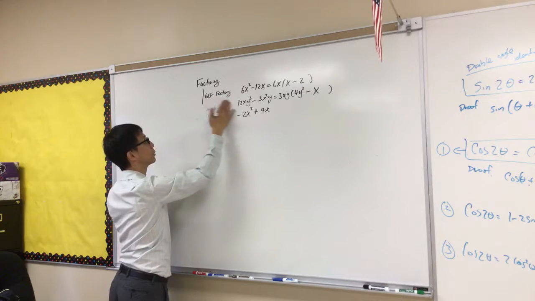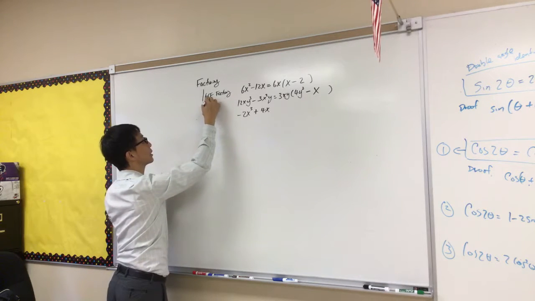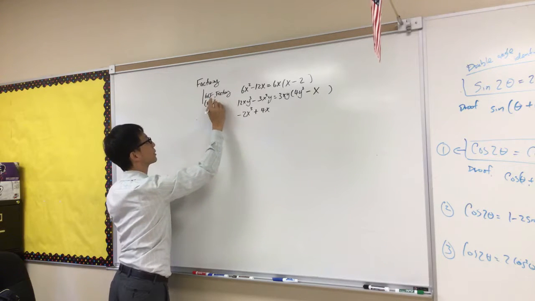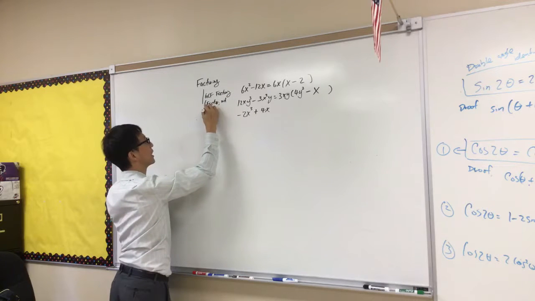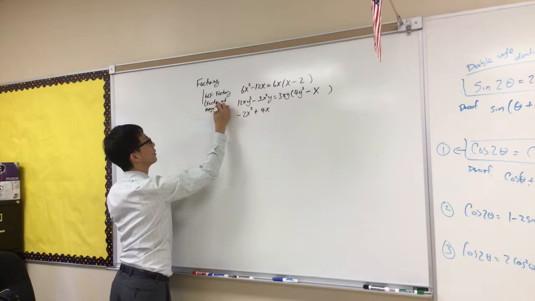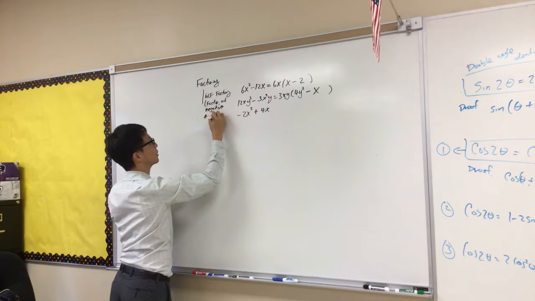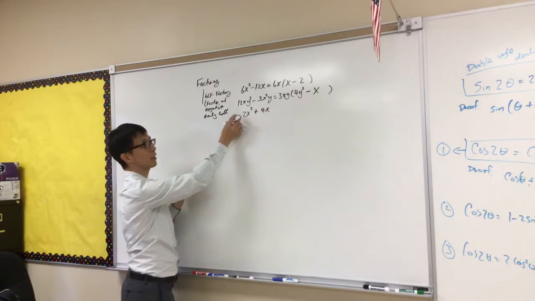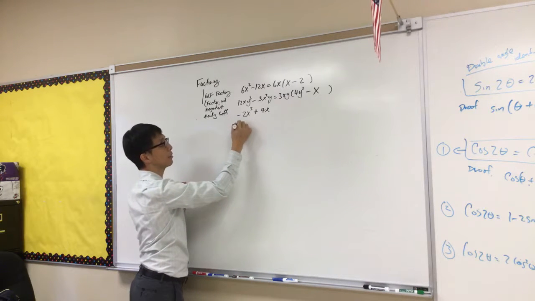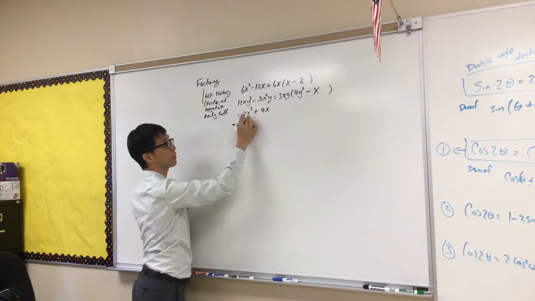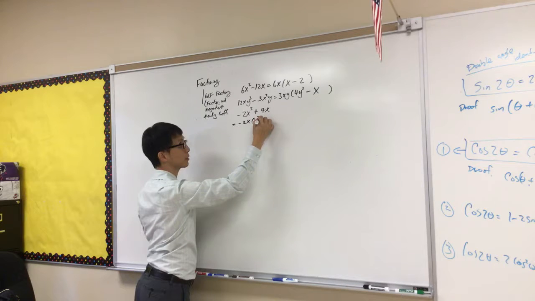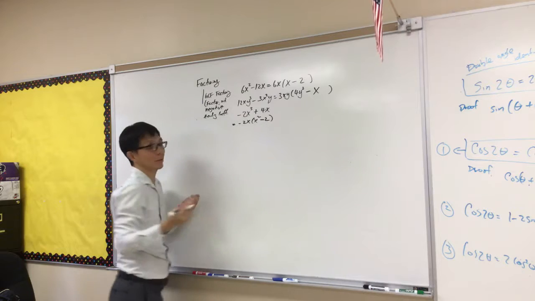So negative 2x. In this case the leading term is negative, so we factor out a negative 2. They both have x. Factoring out, it's going to be x squared minus 2. That's it.